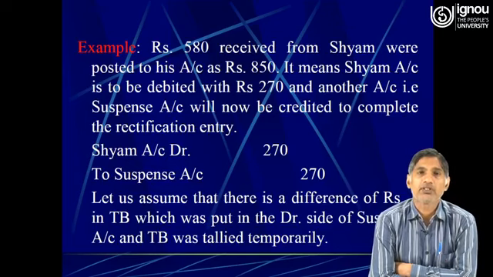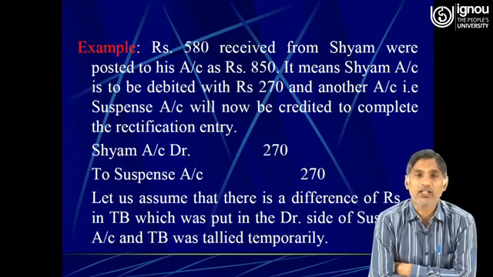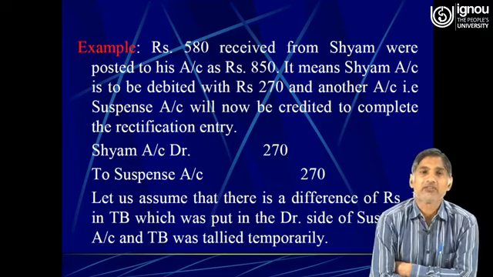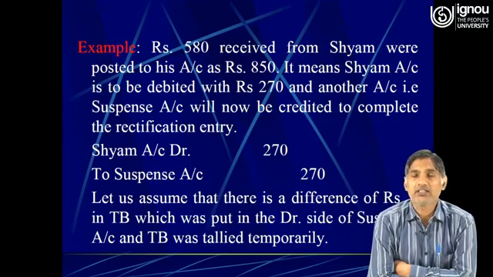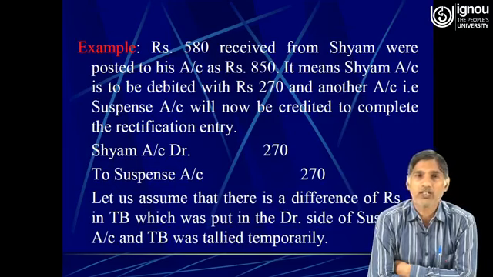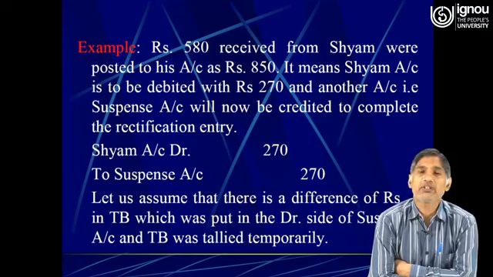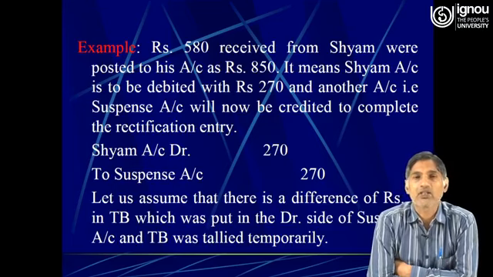Let us assume that there is a difference of rupees 1 in trial balance, which was put in the debit side of suspense account, and the trial balance was tallied temporarily. So it means the credit side of the trial balance was more than the debit side.